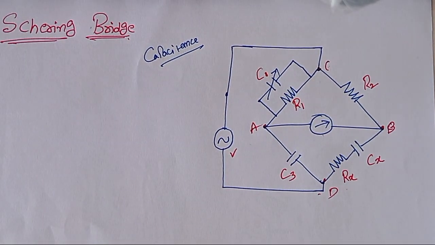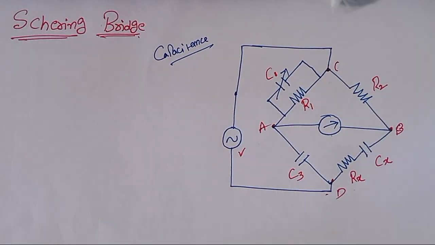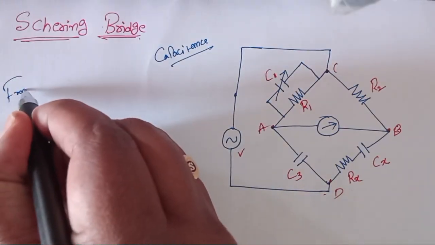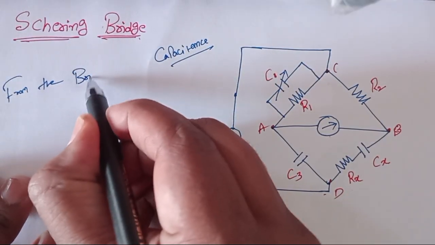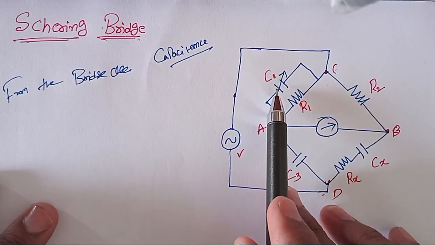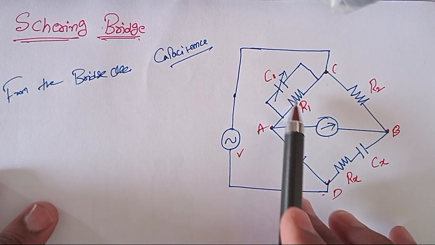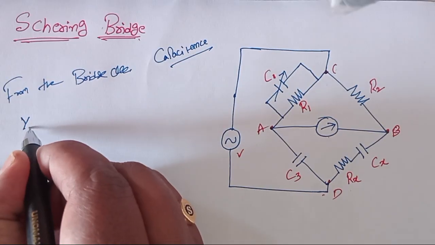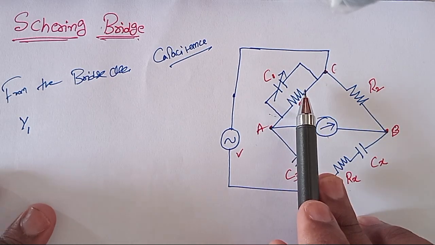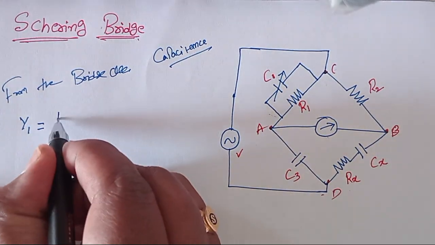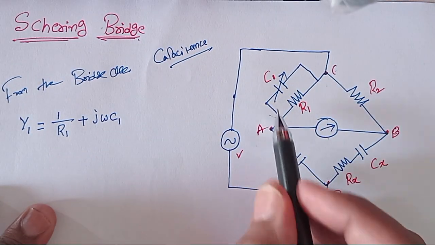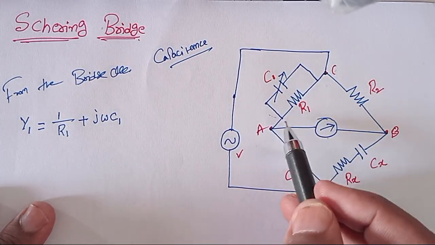It is the construction. Now we'll write here the impedances of these arms. Look here at the bridge circuit. The first arm has the parallel combination of C1 and R1. Whenever we're having a parallel combination, better to write the admittance. So Y1 equal to 1 by R1 plus j omega C1. That is the equivalent admittance in the first arm.